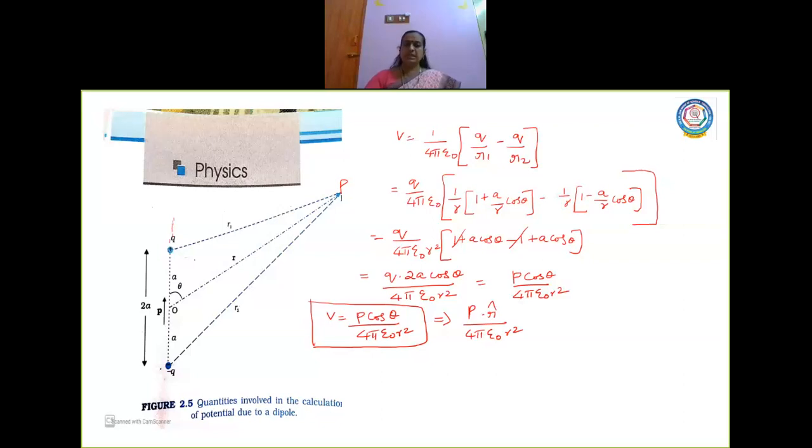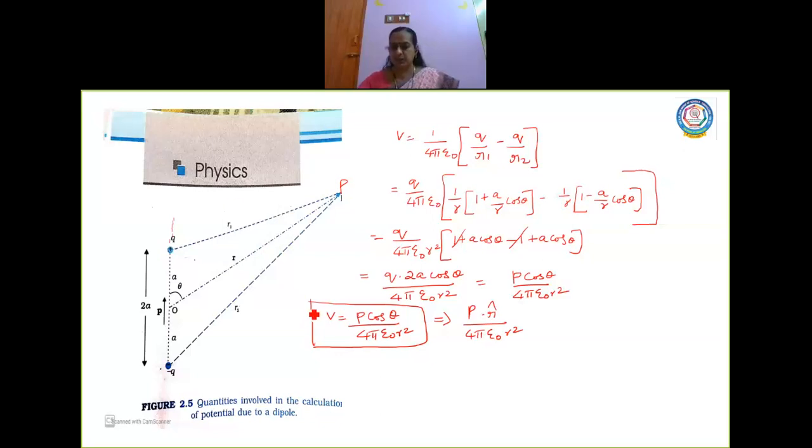If P is here, near plus Q, theta will be 0. So if theta is 0, what will be cos 0, children? Cos 0 will be 1. So what will be the potential? Potential V is equal to P by 4 pi epsilon naught R square.